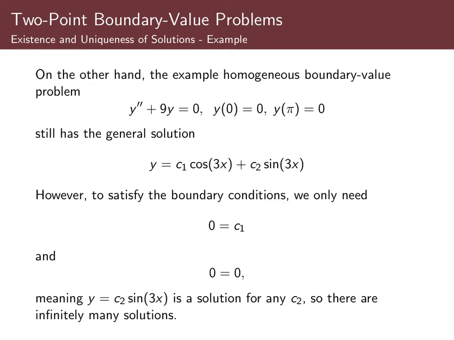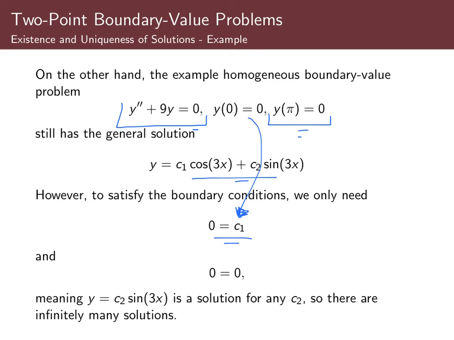On the other hand, look at another example, a homogeneous boundary value problem with the same exact differential equation, but instead of y at pi over 2 being 0, we assume that y of pi is equal to 0. Again, we have the same general solution and the same conclusion about c1, because it came from the first unaltered boundary condition.